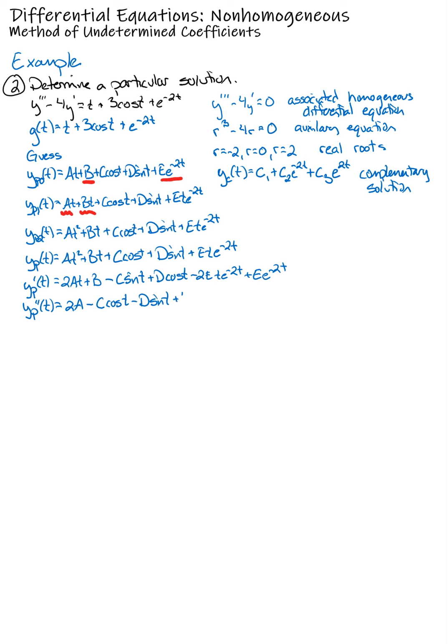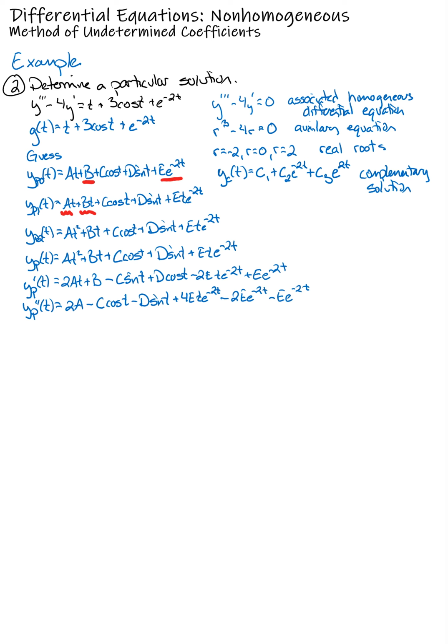It's going to be plus 4et e to the negative 2t minus 2e e to the negative 2t, and then the last term is minus e times e to the negative 2t.